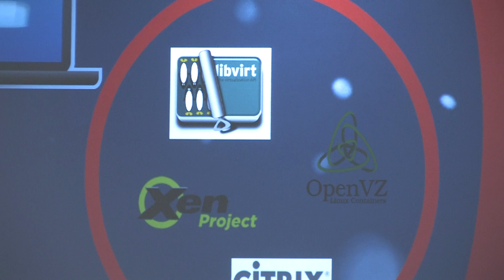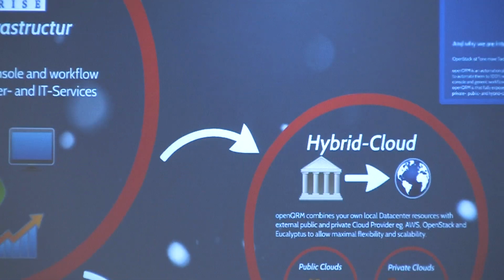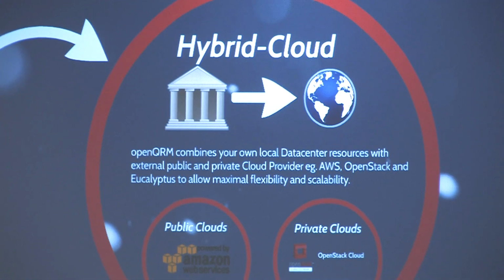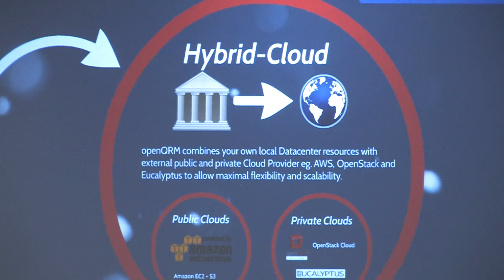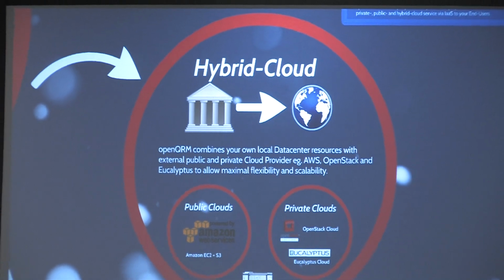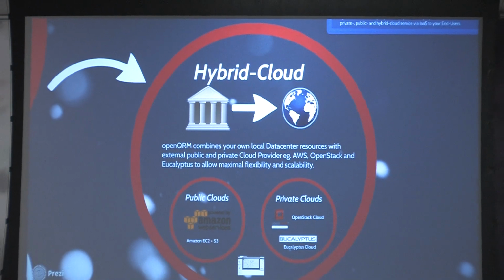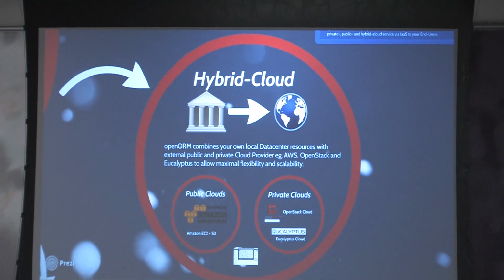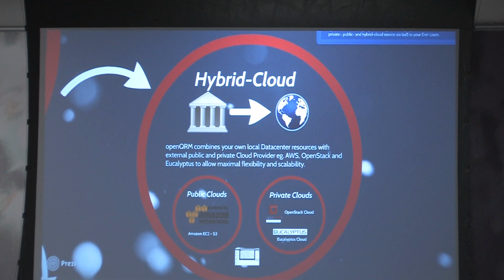As I said, we are looking at supporting different virtualization types, and especially the hybrid cloud options. One hybrid cloud option is of course OpenStack. It's currently the most hyped private cloud infrastructure solution existing.